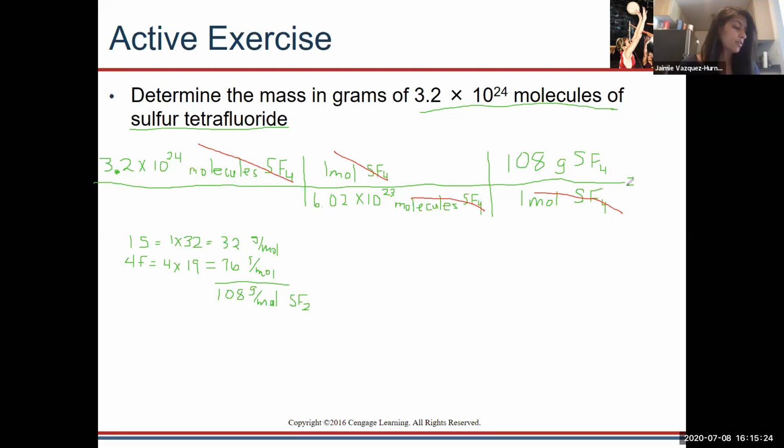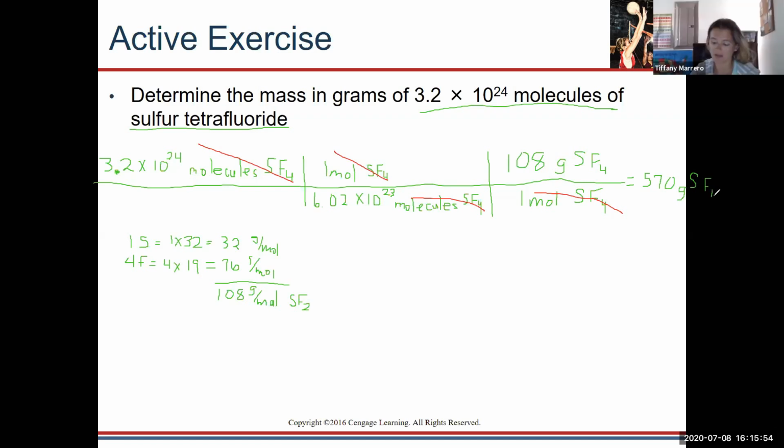5.57. But let me see if this only has 2 sig figs, right? Yeah. Oh, no, it'd be 5.570 grams. How are you getting 5.57? This is what I got when I plugged it into my calculator.